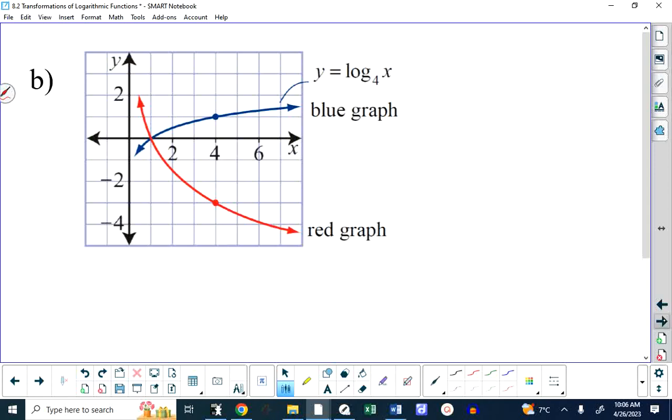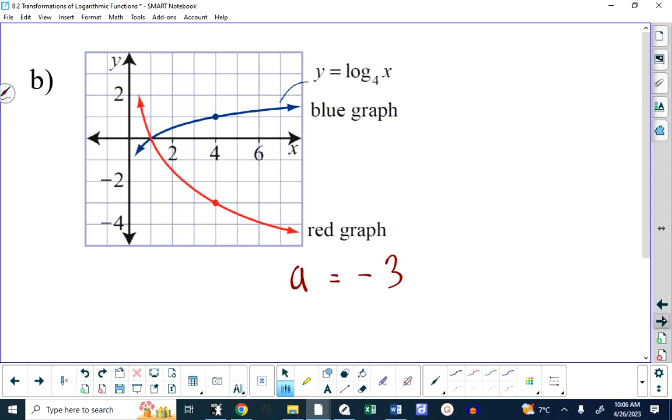I hope it's clear looking at going from the blue to the red graph here that there is a vertical reflection. In fact, I would say to you that you should be able to come up with the concept that A is -3 without knowing anything about logarithms.